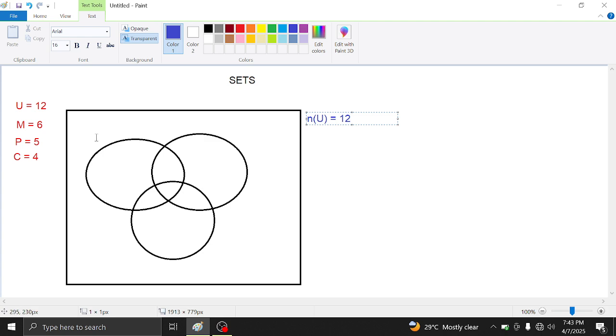Also, number of M, which is mathematics, is 6, so number of M equals 6. Also, number of P for physics is 5, so number of P will be equal to 5. Also, number of C for chemistry is 4, so number of C will be equal to 4.